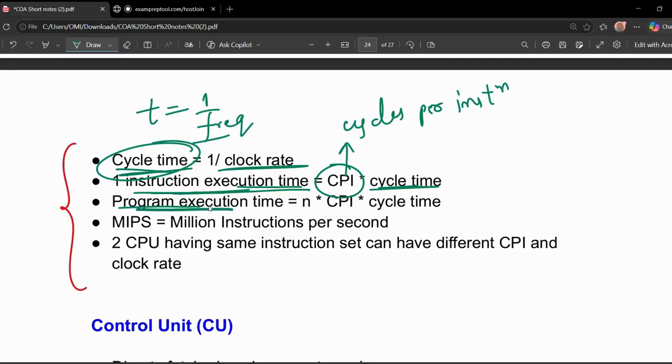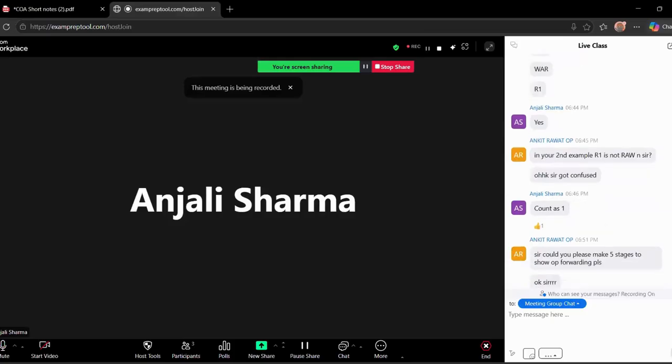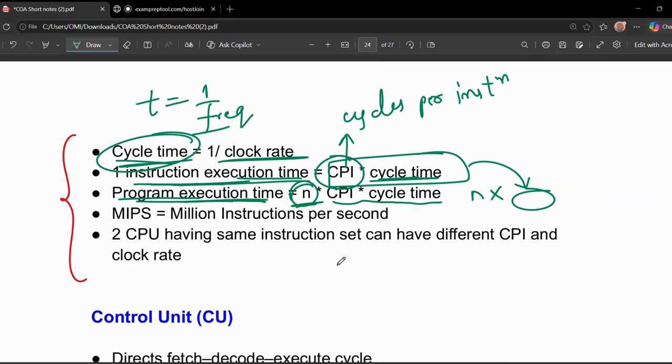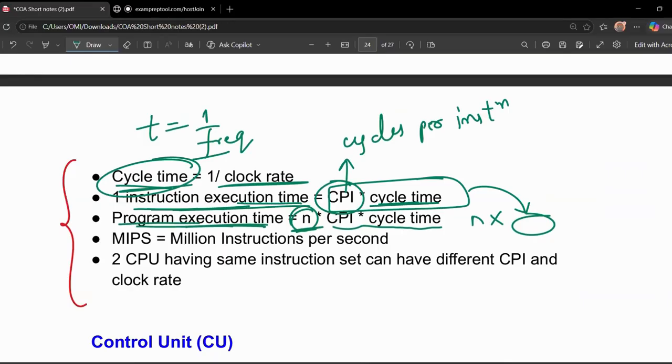Now, program execution time: if you have n instructions, then n into CPI into cycle time. One instruction will take this many cycles, so n instructions will take n times this much, right? So this is the program execution time.